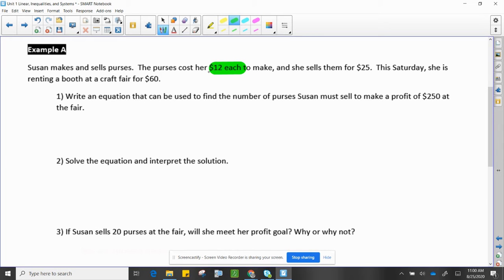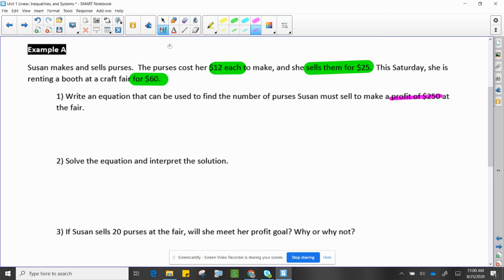So I know we're going to have 12 times the number of purses, and then she sells them for $25. So we're going to probably need that also. And then we also have this extra expense of the $60 to rent the booth at the fair. So what's our end goal for Susan today? Susan wants to make a profit of $250. That's what we want to end up with at the end.